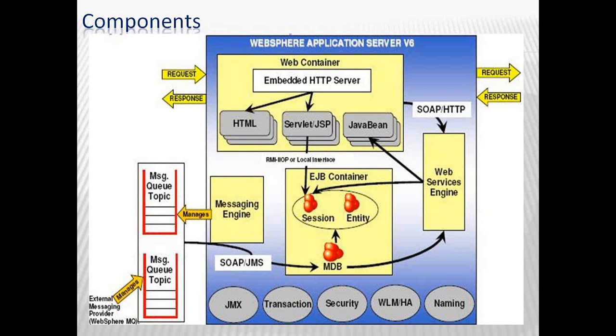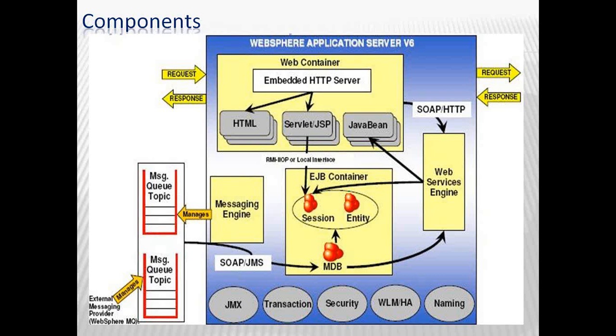Basically, every application server contains two things. One is called the web container, the second one is called the EJB container. What is this web container and what is this EJB container?